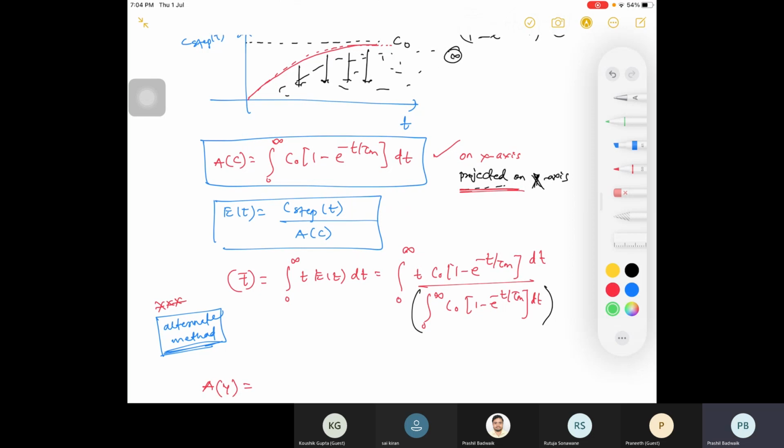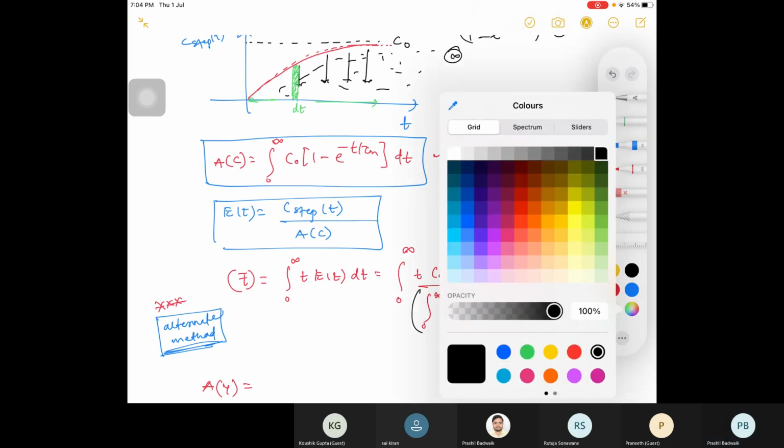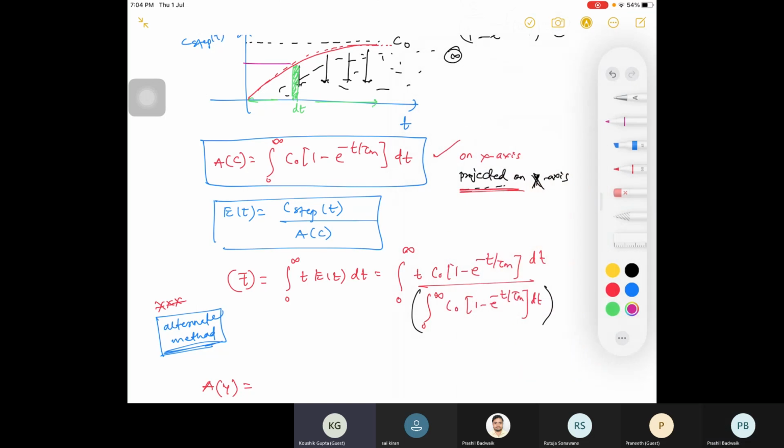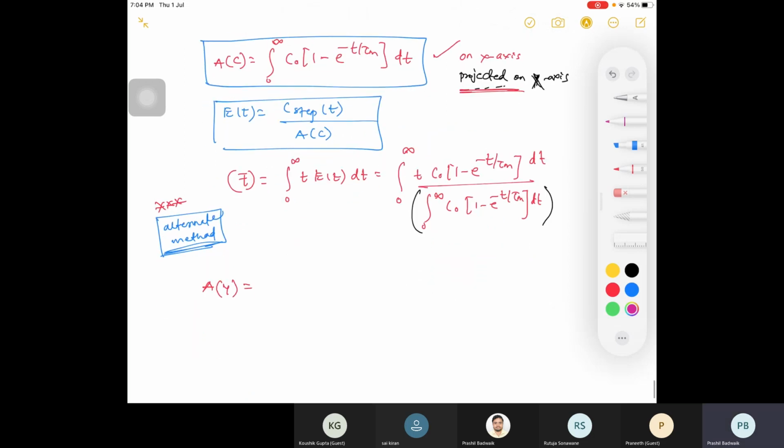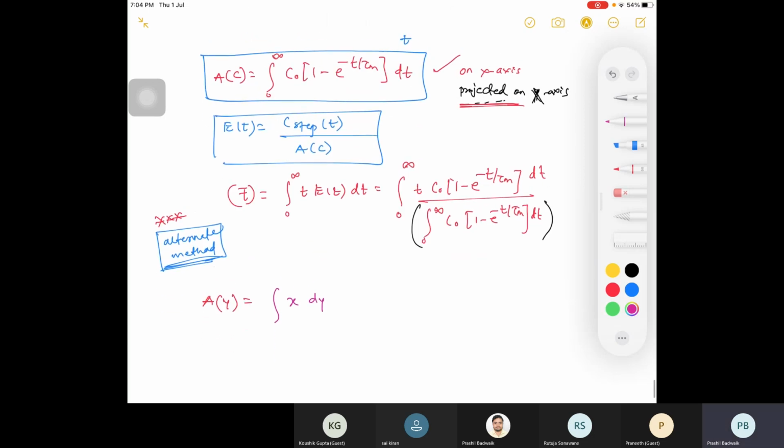For x, you took this dx, that is your dt, and you integrated over time t, this curve. Now I have to find out the area along the y axis. So what I will do is take C naught total minus this. I'll take dc and integrate it over C step, 0 to C step, and this is your particular strip. So your area along the y axis is x into dy.